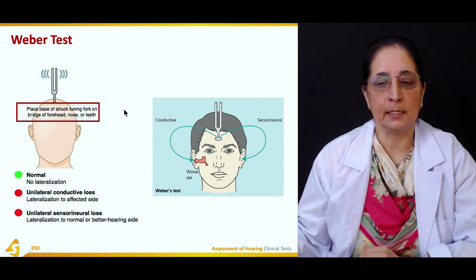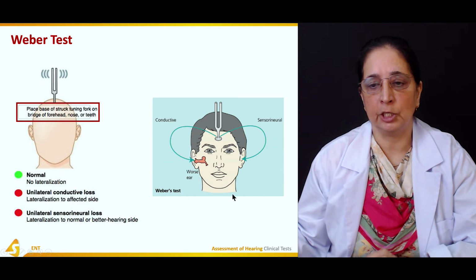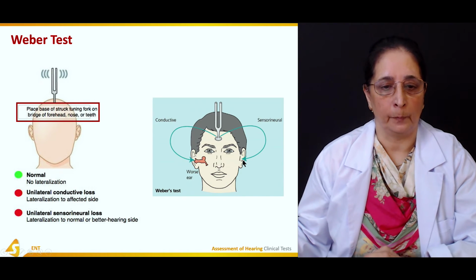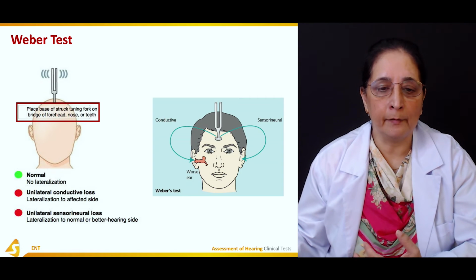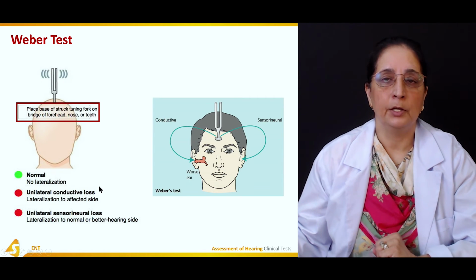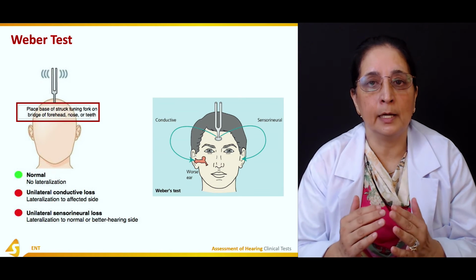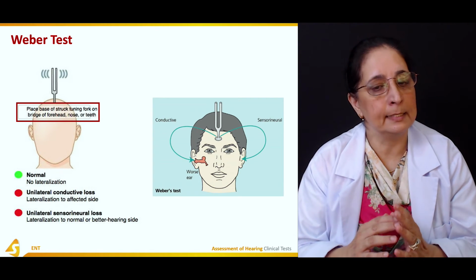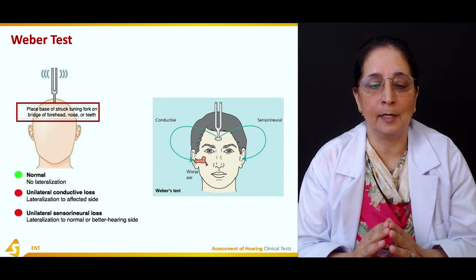And this tells us which ear the sound lateralizes to. In patients with normal hearing, usually there is no lateralization. You ask the patient if they hear the sound louder in any ear, and they will say no. So there is no lateralization.